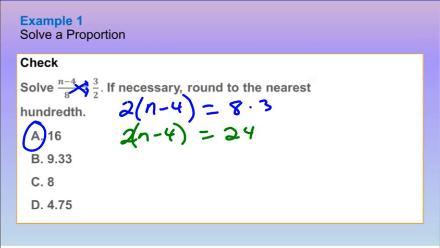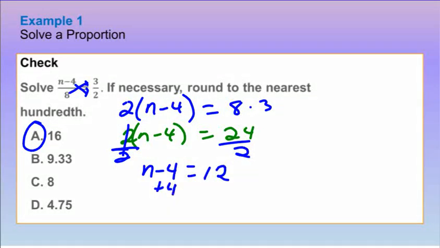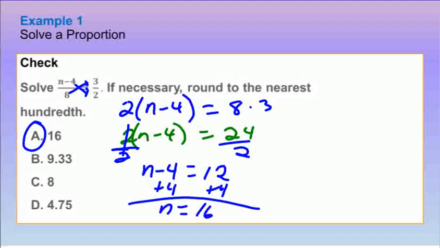I need to get the parentheses by itself, so I'm going to divide by 2 here. And I'm left with n minus 4 equals 12. Now if I add 4 to both sides, I have n equals 16. This is the same as what I had before, it's just a slightly different route to get there.